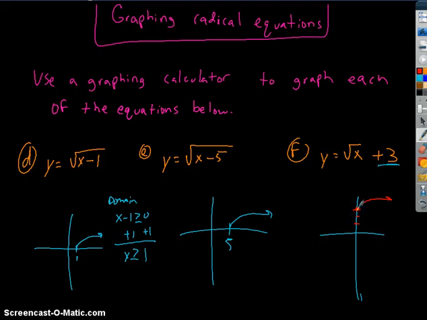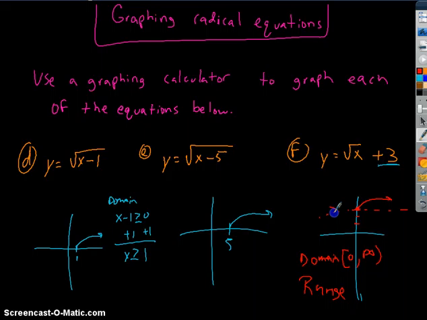Our domain hasn't changed. Our domain in this function is still from 0 to infinity. Our range has, though. In this case, our range bottoms out right here on this line.